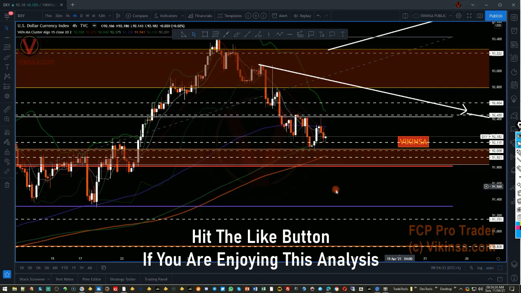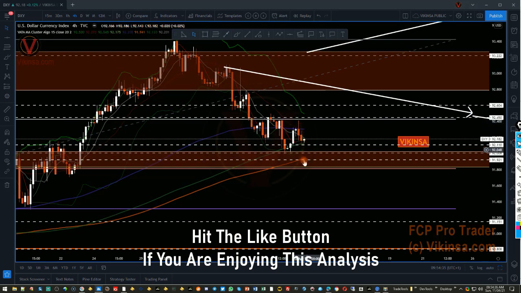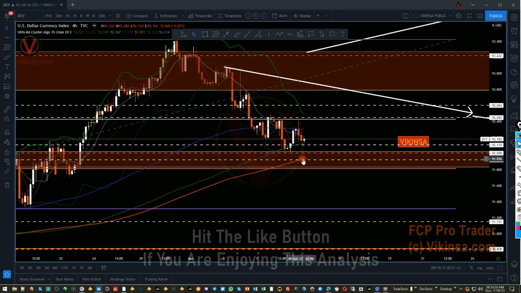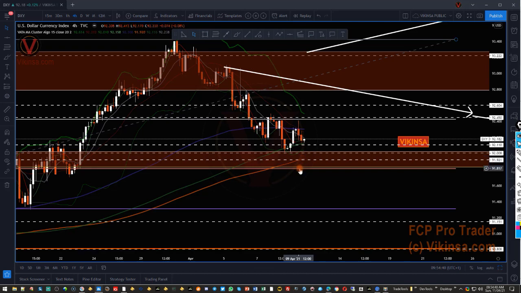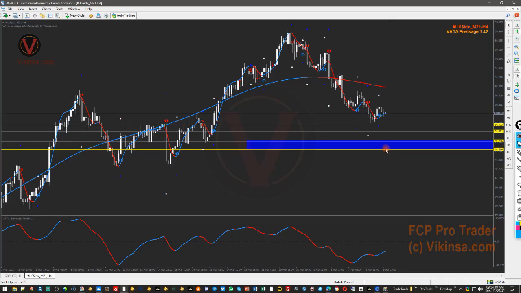Right, so the market may come down to this particular zone. We had the 200 moving average right here, and this is why the 91.817 level is there as well. So the market can actually push down into these levels, and I'm looking at the 4 hour time frame. So if I go back to the 4 hour time frame, this is the particular area we are talking about.